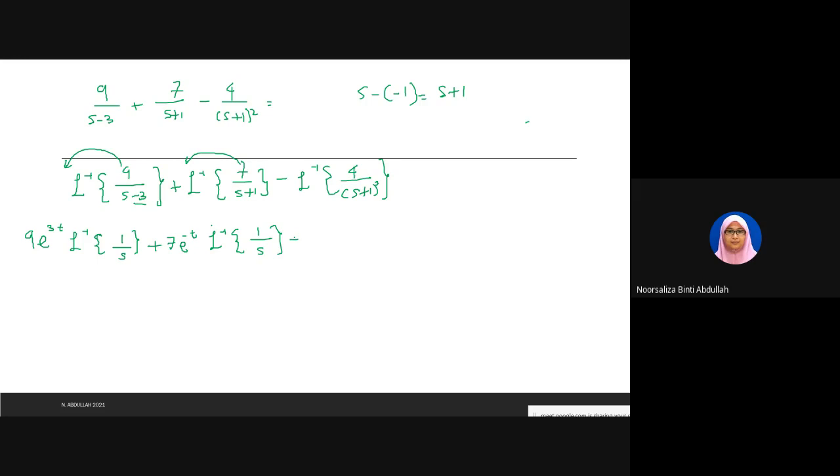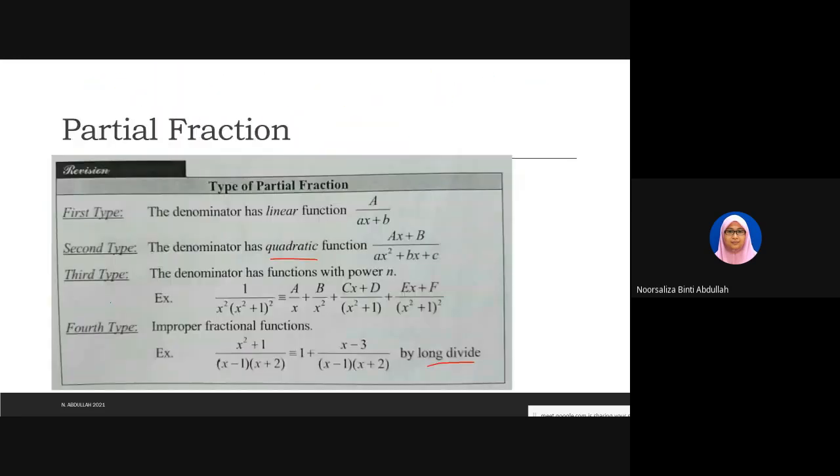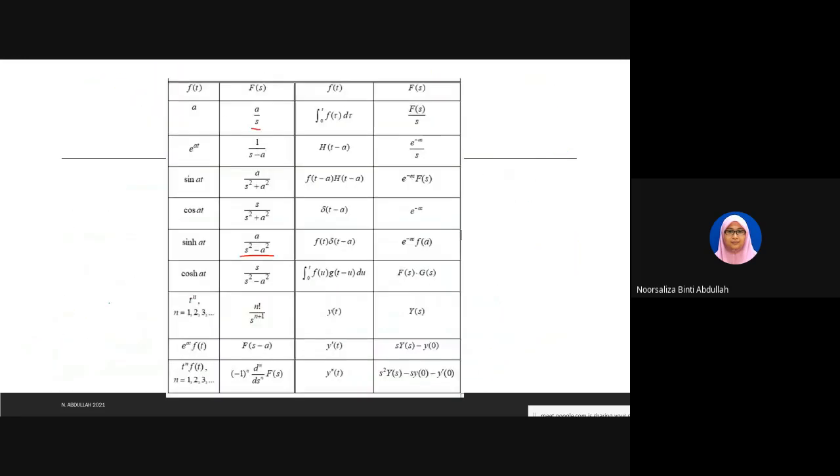Minus, this one, S plus 1 also. So 4, you take out. You can have 4 exponent minus t, and then you can get the inverse of 1 over S square. So 1 over S, if you refer to this table, A is 1.